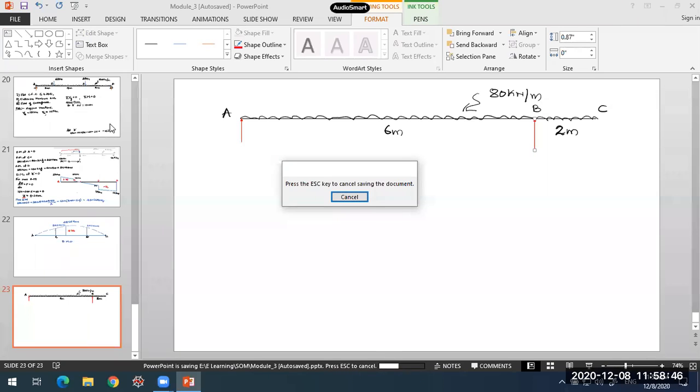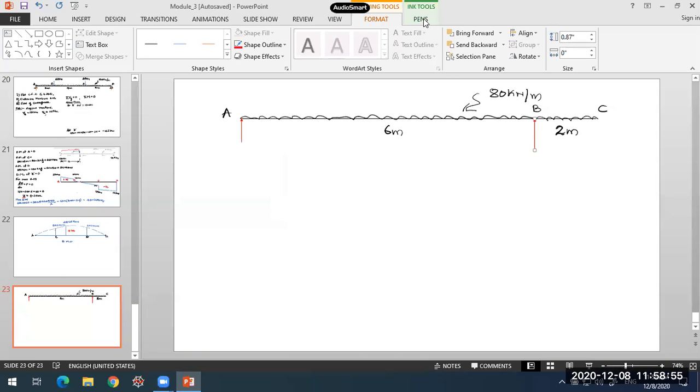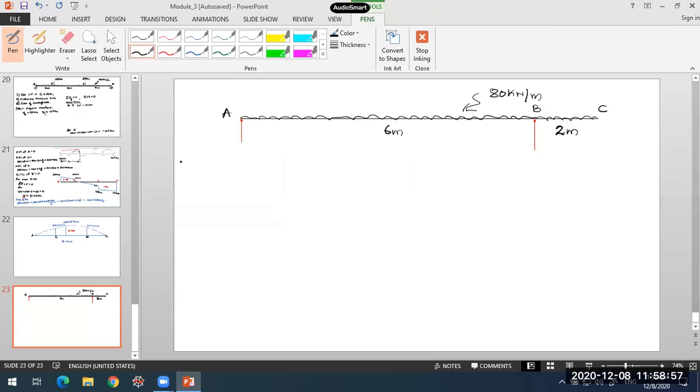That is the problem. Go for finding the reactions. Is there any difficulty for anyone?